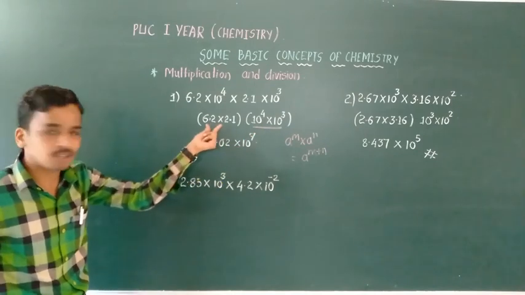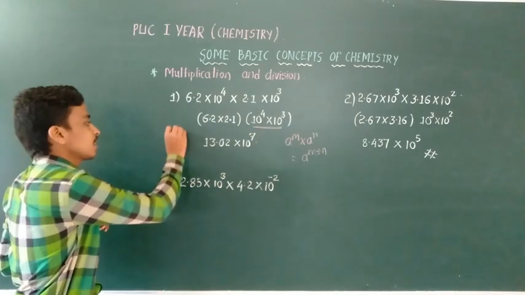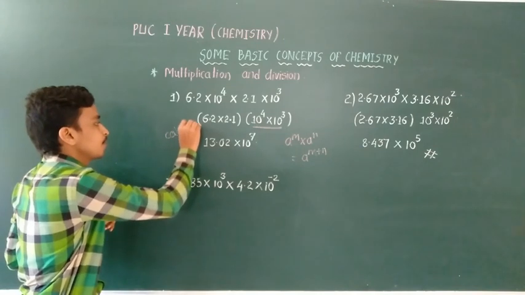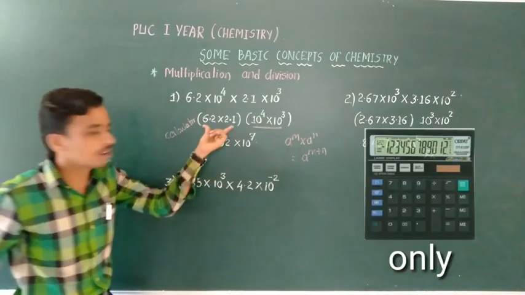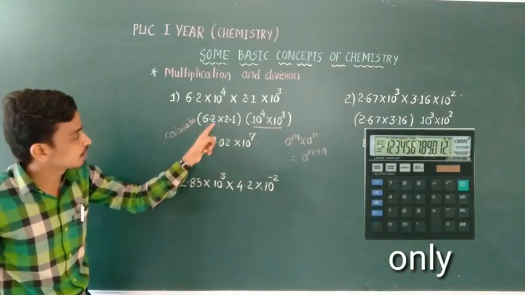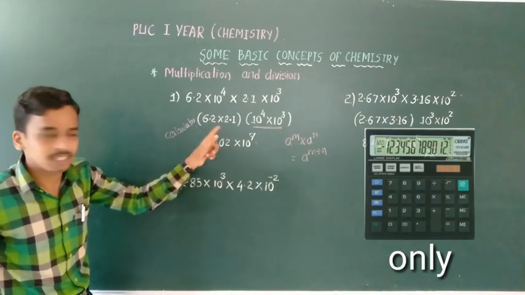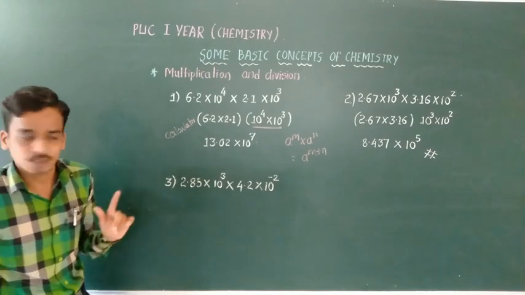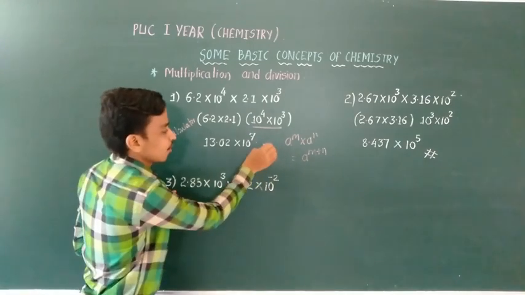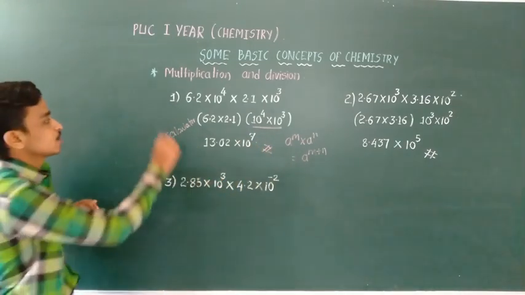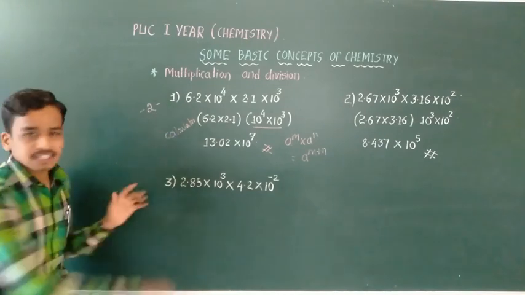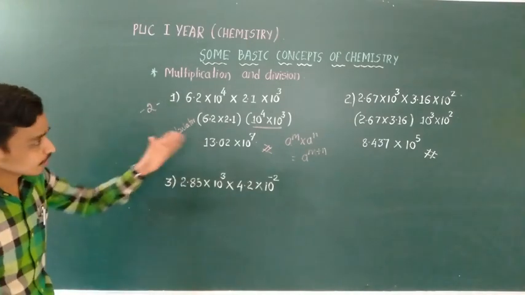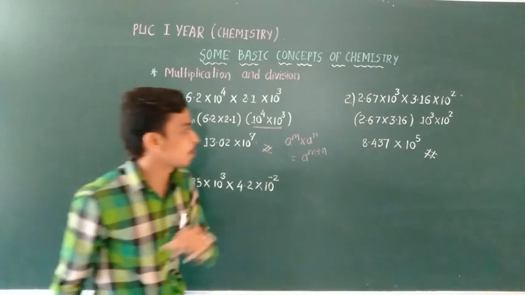For the number to number multiplication you can use the calculator. No need for manual calculation here. You are allowed a simple calculator, so just take 6.2 into 2.1, and you get 13.02. That is the answer for the first problem, and it is quite important for 2 marks in the annual examination.